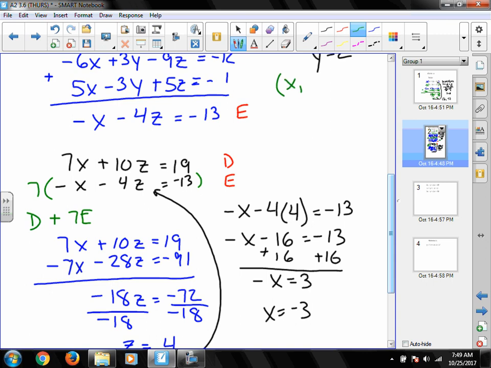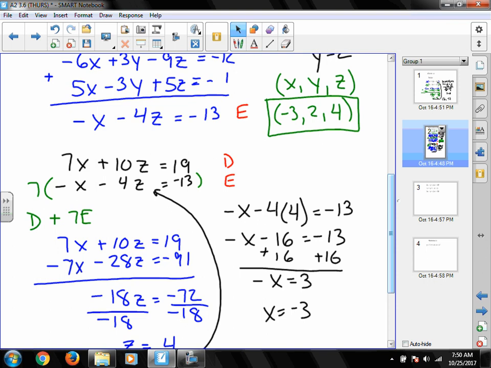Your ordered triple is going to go x, y, z. Because I've just tacked a z onto the end of our problems that we've been doing before, now I just tack it on in my ordered triple. So I write it just like I did before, -3, 2, and 4. And that is how you are going to solve these.